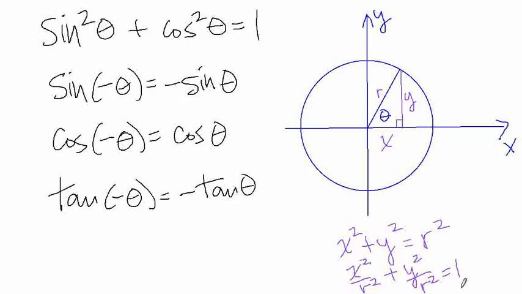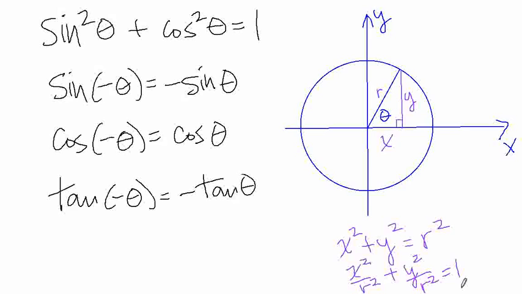Now notice that in the last purple equation, there are fractions that are equivalent to sine and cosine. The first one, x squared over r squared, is equal to cosine squared, and y squared over r squared is equal to sine squared.